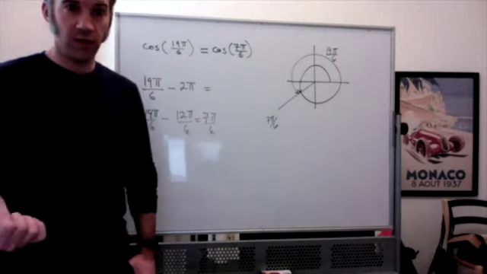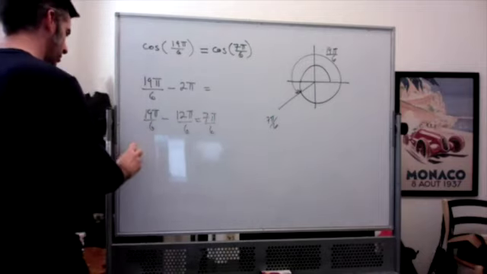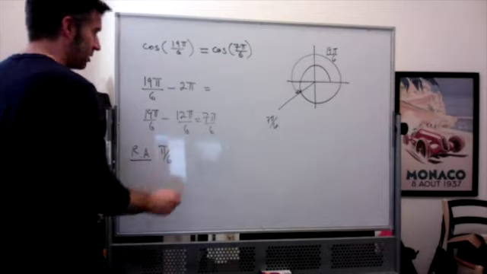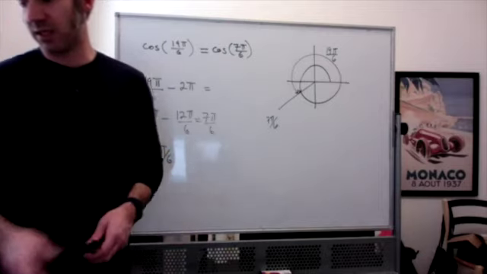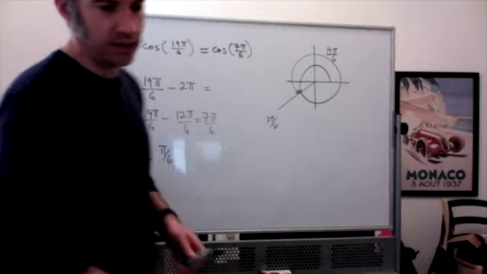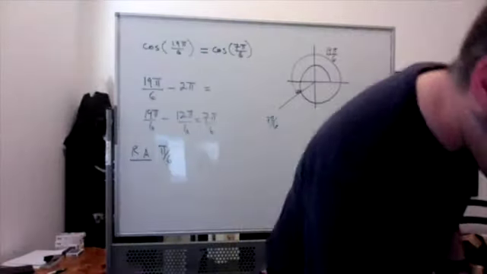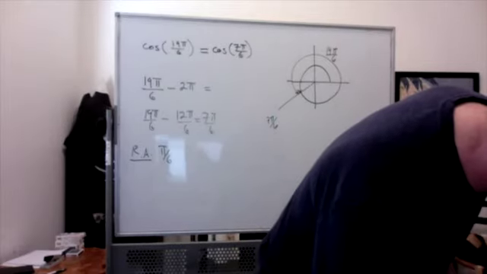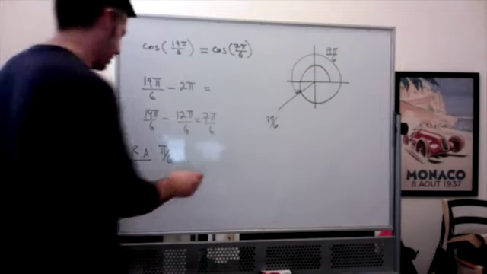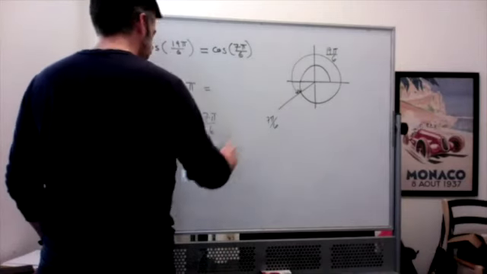So then we do the usual things. We say, okay, what's the reference angle? Definitely the reference angle is pi over 6. Then the quadrant. The quadrant is quadrant 3.